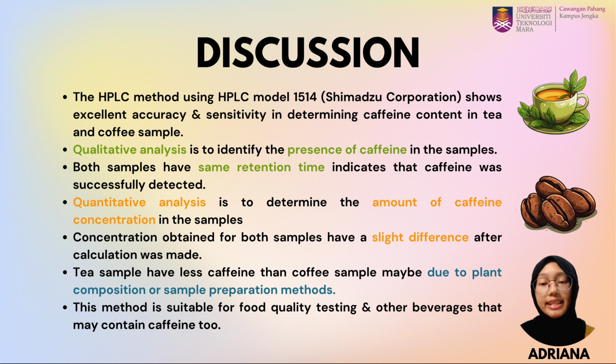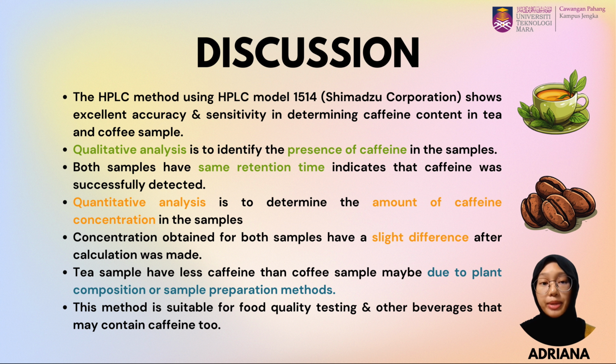Next, the results indicate that both tea and coffee samples were successfully analyzed using HPLC, with caffeine detected in both matrices. The matching retention time suggests that neither the tea nor the coffee matrix interfered significantly with caffeine separation, further confirming the method's accuracy and reliability.